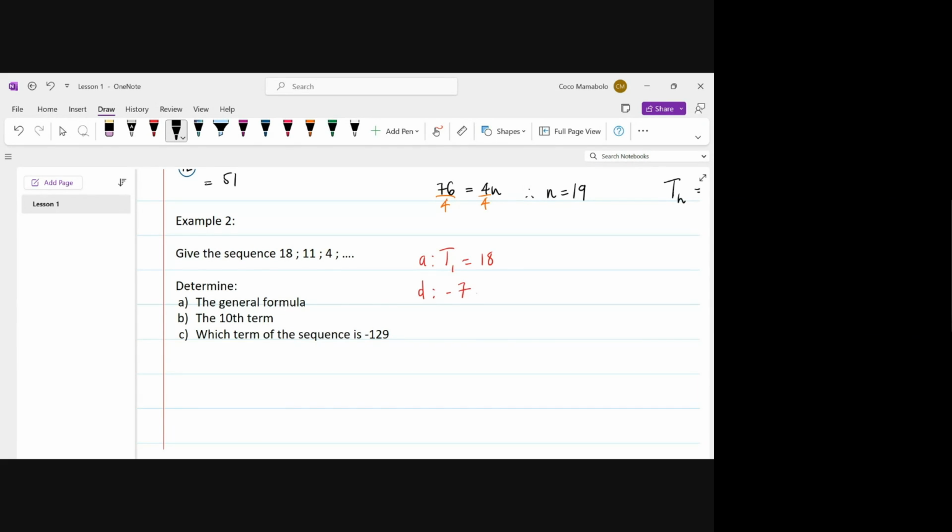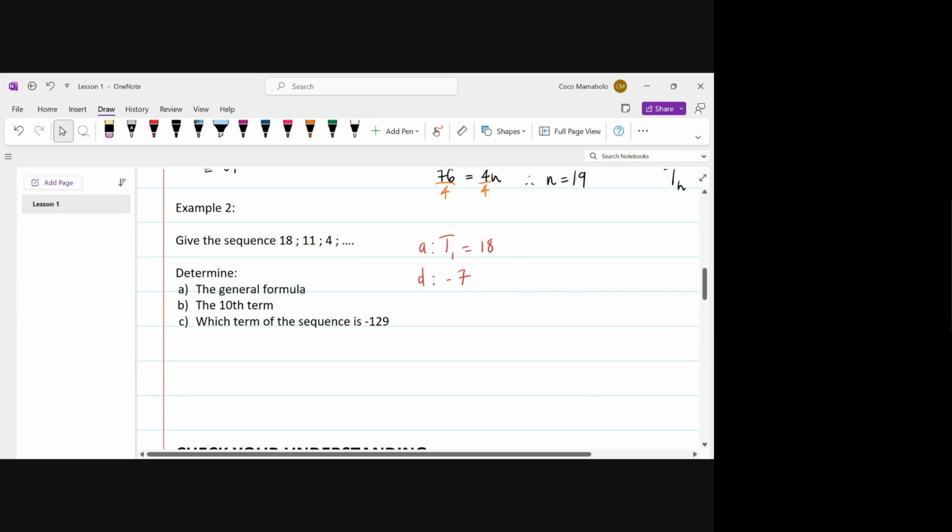Okay, let's determine our general formula. So you'll place down the formula as is, but something will change, which is the sign between A and D. Good. N-1. All right, good. Then you say 18 minus 7, open brackets, N-1, close brackets. Lovely.